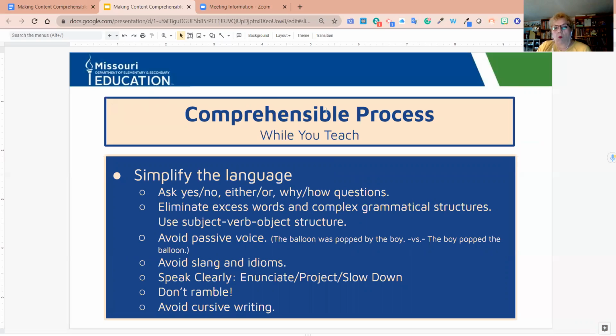Something else while you're teaching for the comprehensible process is to simplify your language. And when you're simplifying your language, you're going to simplify it to the need of the students. So some students need yes or no questions. Some could do either or, and some you can ask how and why questions.